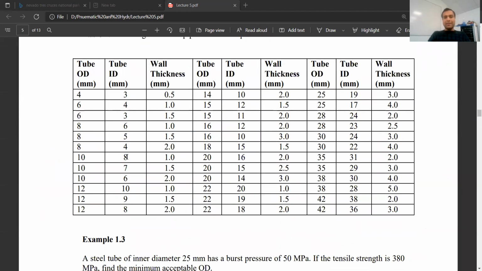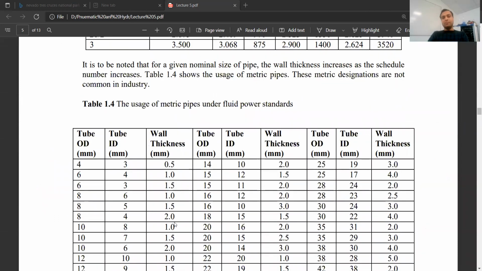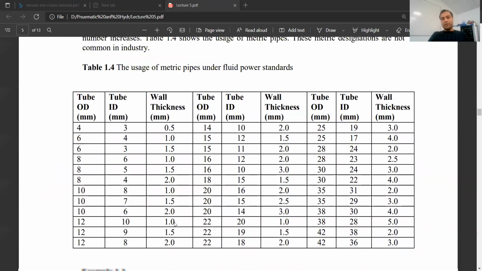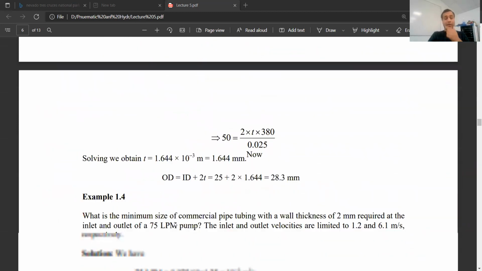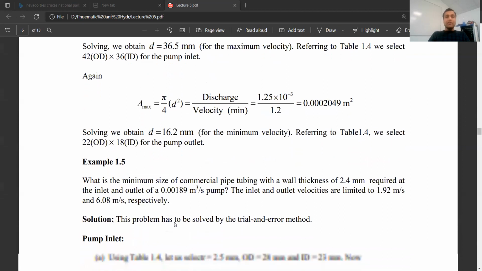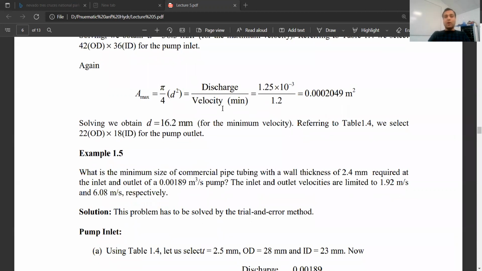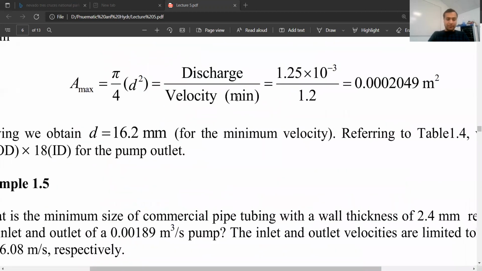We look at where it is, and based on that one we can just select the outer wall. So the answers over there were incorrect, so obviously the corresponding order will be incorrect as well. You can just go back to the table and find the corresponding one. Same again, we need to find the maximum area. We do exactly the same, but for maximum area you are going to use the minimum velocity.